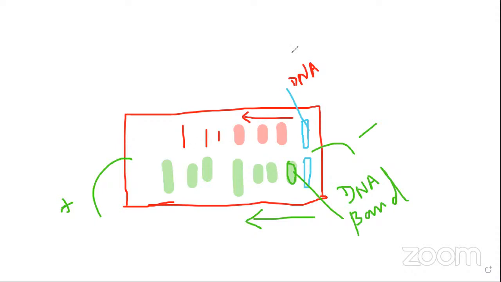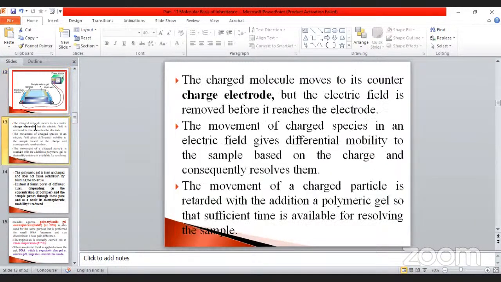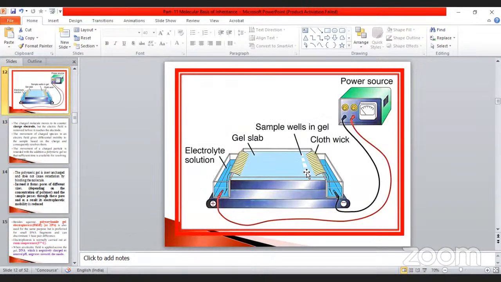This is very, very important, my dear students. So this is the setup. The charged molecules move towards the counter-charged electrode, but the electric field is removed before they reach the electrode. When it moves from this place to here, it will not touch the electrode on the opposite side.